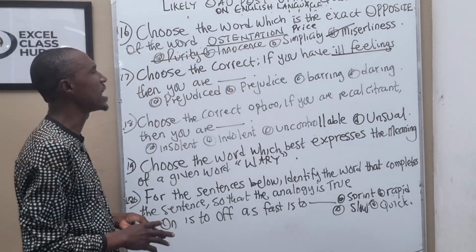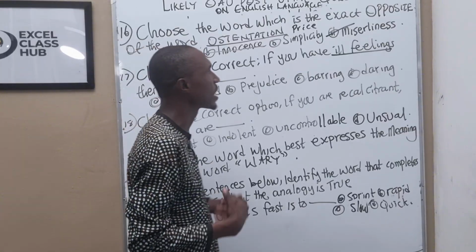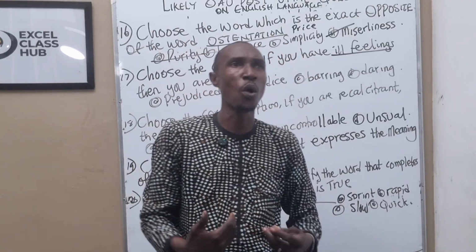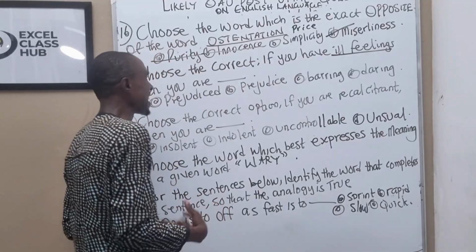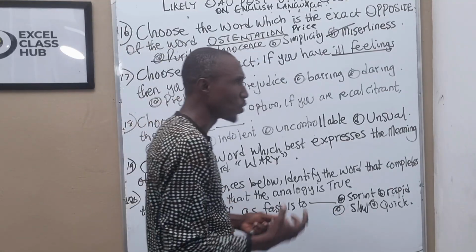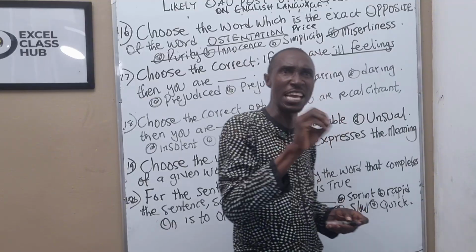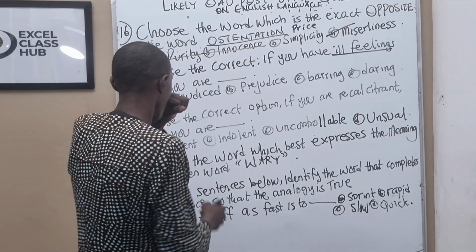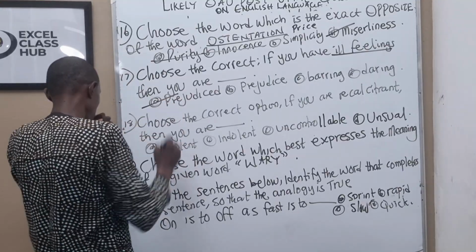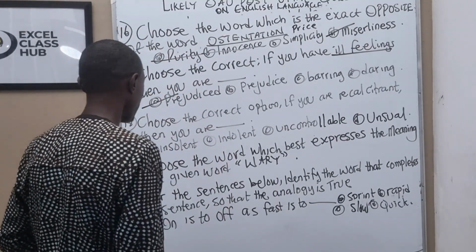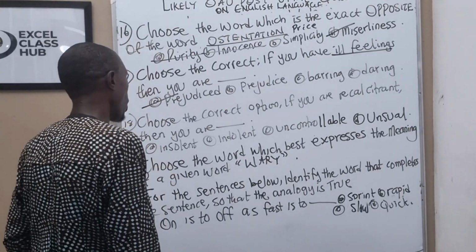When you have ill feelings, it means when you get someone angry, when you make someone engage in misunderstanding, when someone begins to see something strange in that particular issue. Then ill feelings here goes with the word prejudiced. Number 18. Choose the correct option.